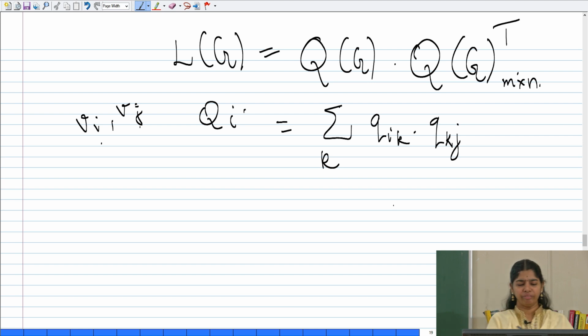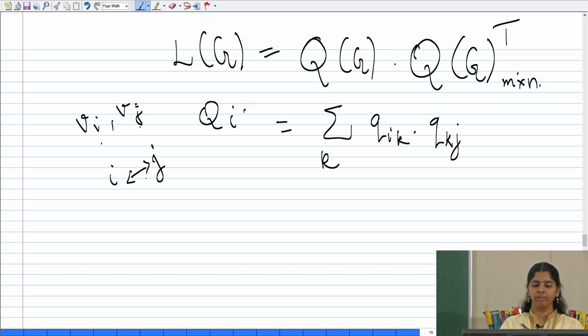Think of this: if there is an edge from i to j, what happens to my Q? The ith row will have a 1 on one side and minus 1 on the other end. Apart from this, nowhere else will an entry come into the picture in this summation. Everywhere else we will get 0.